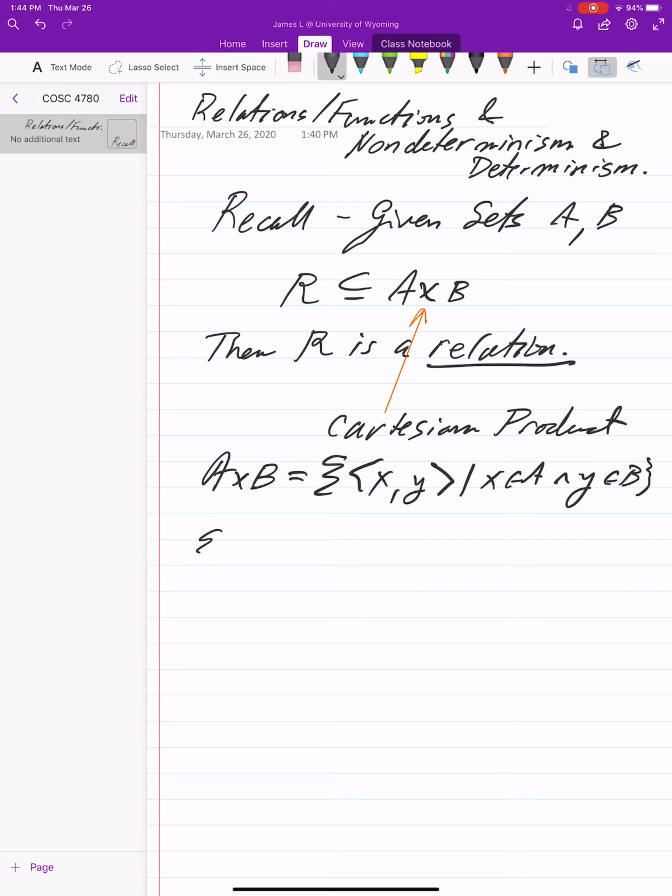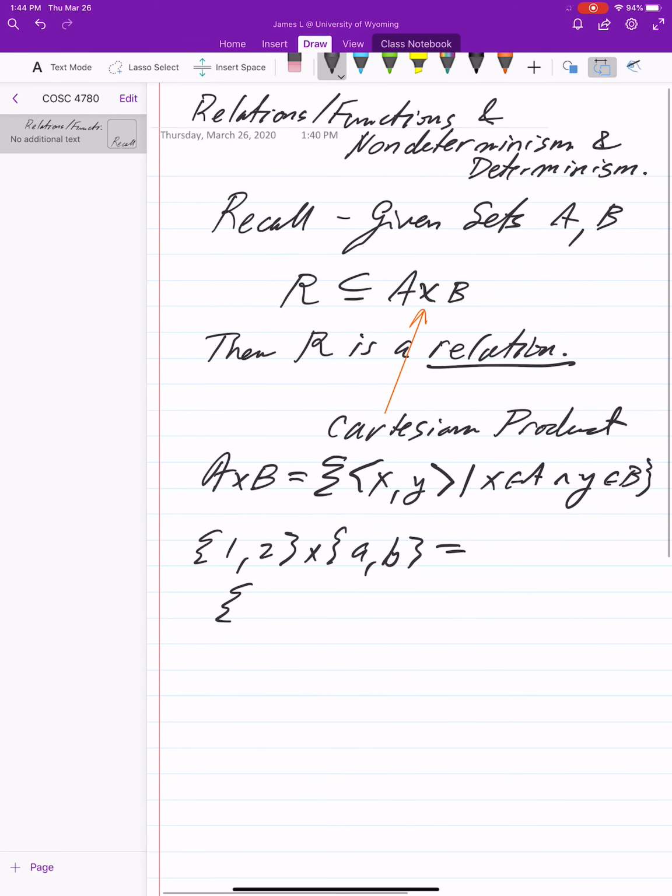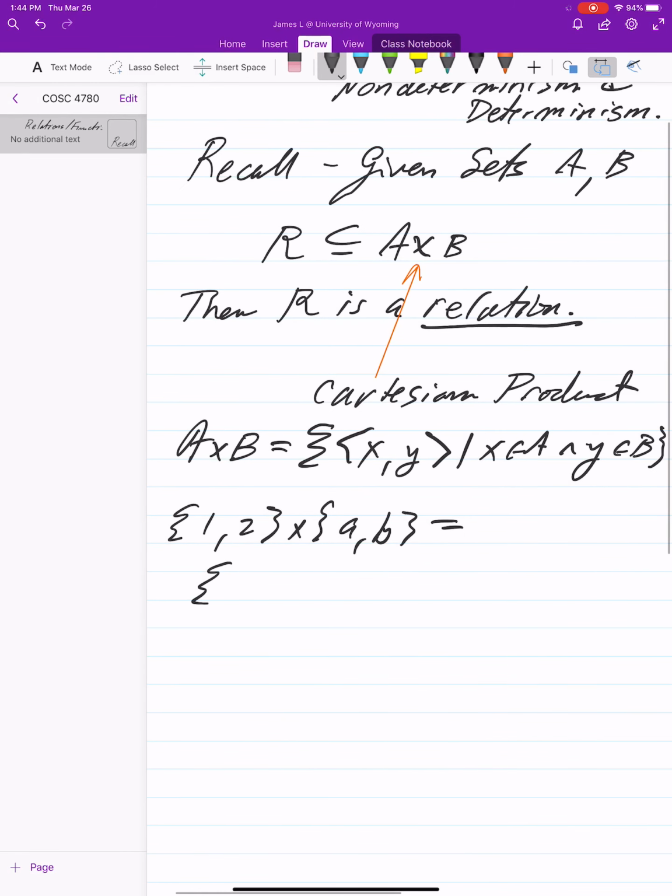So, for example, the Cartesian product of {1, 2} cross {A, B} is equal to the set of all pairs, where the first element comes from A and the second from B. So we've got 1A, 1B, 2A, and 2B.